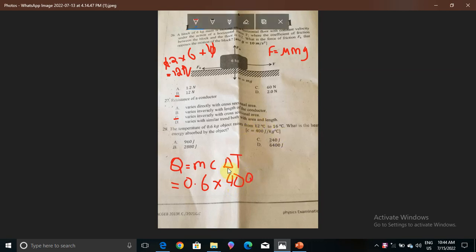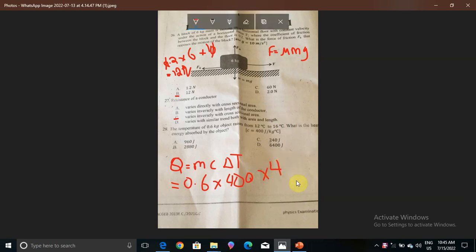And the change of temperature means final temperature minus initial temperature. We have final 16 degrees Celsius and initial 12 degrees Celsius. When you subtract 16 and 12, you get 4 degrees Celsius.